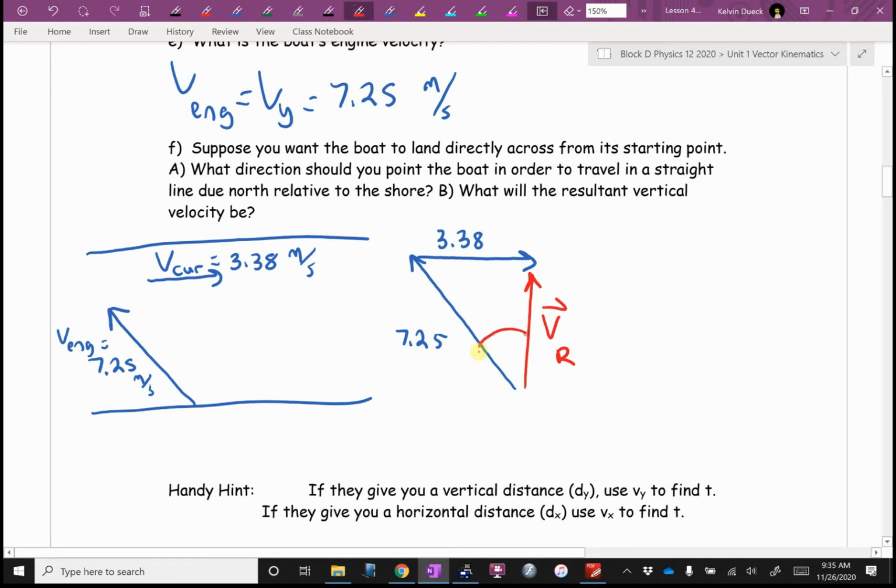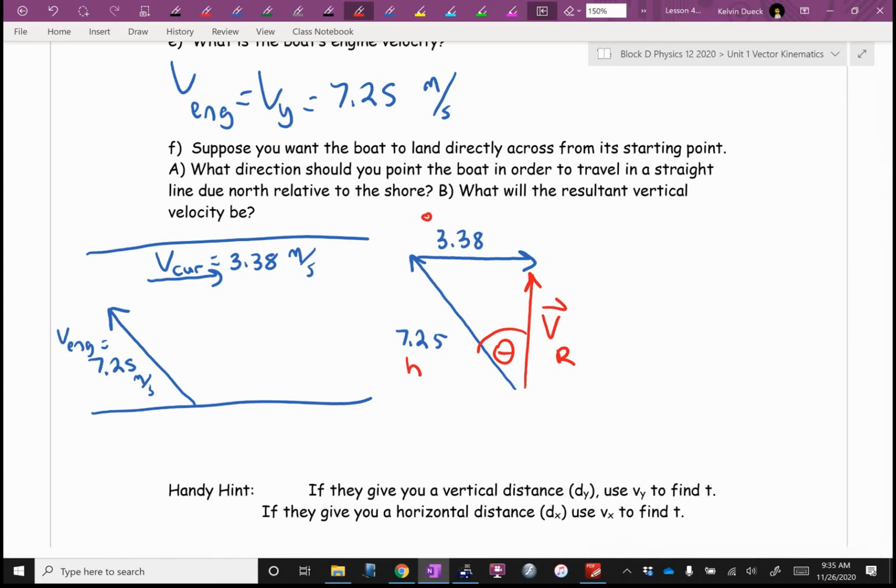Okay. So A said, what direction should you point the boat? I think I'm going to find that theta right there because we always do directions based on where the vector is coming from. 3.38, opposite, adjacent, or hypotenuse? What about 7.25? How will I find the angle? Up until now, every question where you found an angle was tangent.